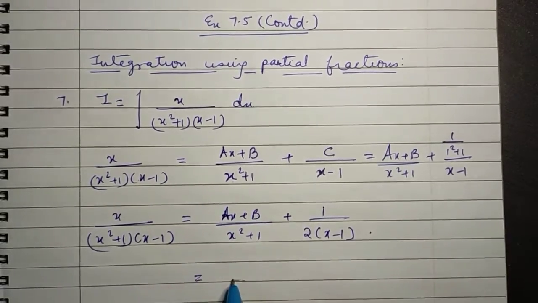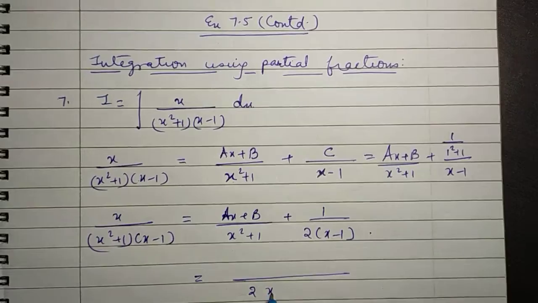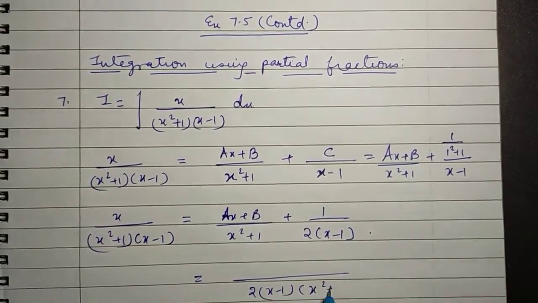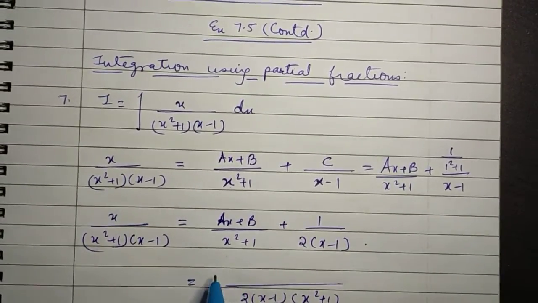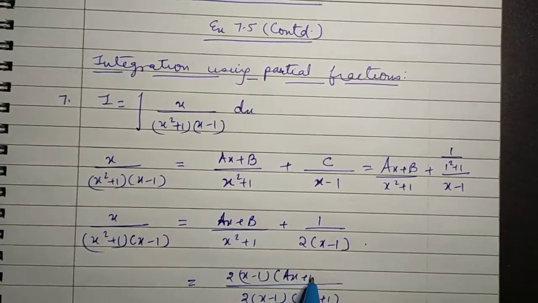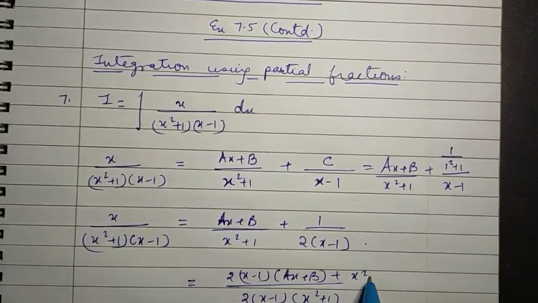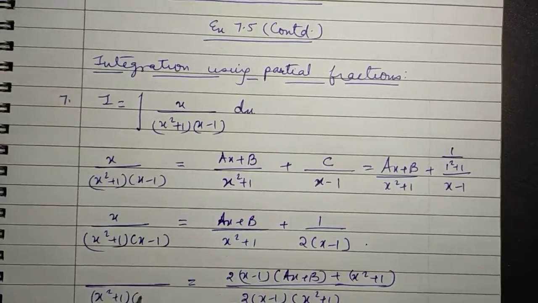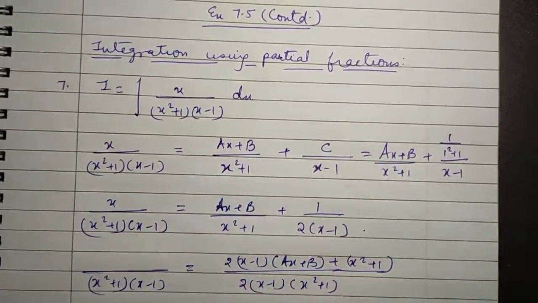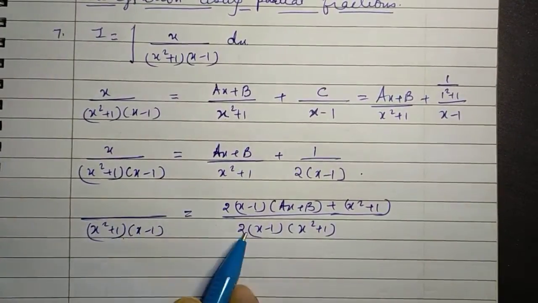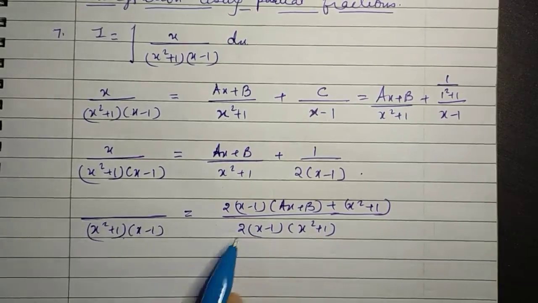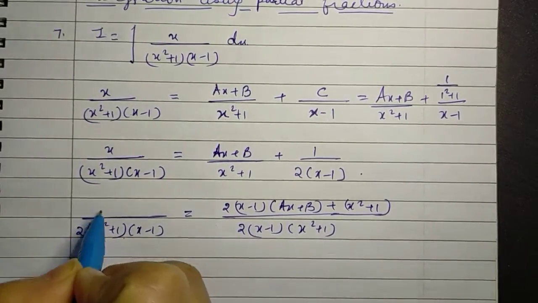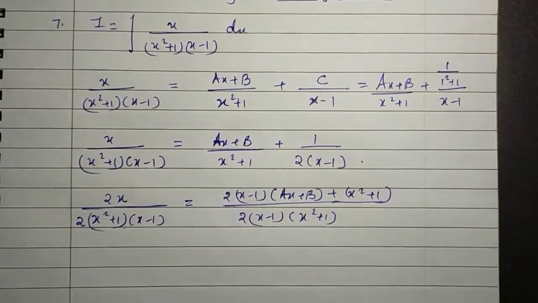So when we take the LCM, we get 2 times (x minus 1)(x squared plus 1), and the numerator becomes 2 times (x minus 1) into (ax plus b) plus (x squared plus 1). For this to be the same as the denominator on the other side, we also have to write 2, and this becomes 2x.